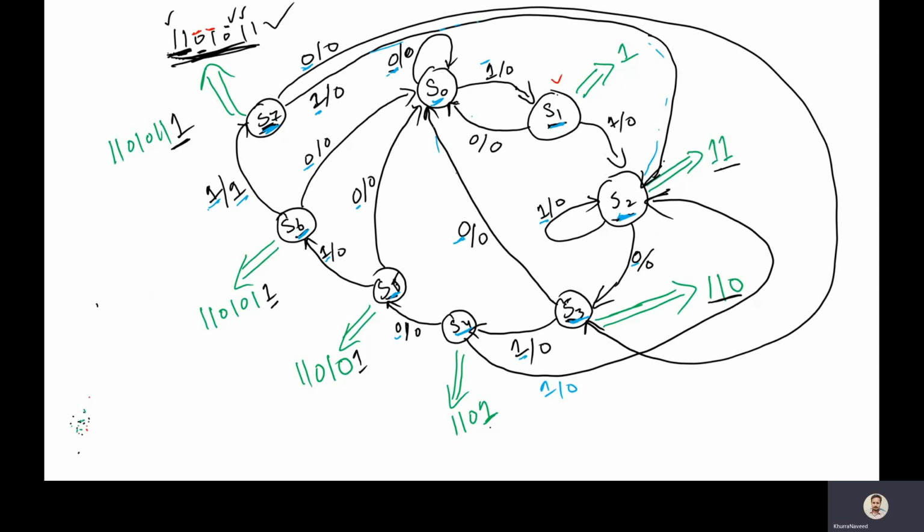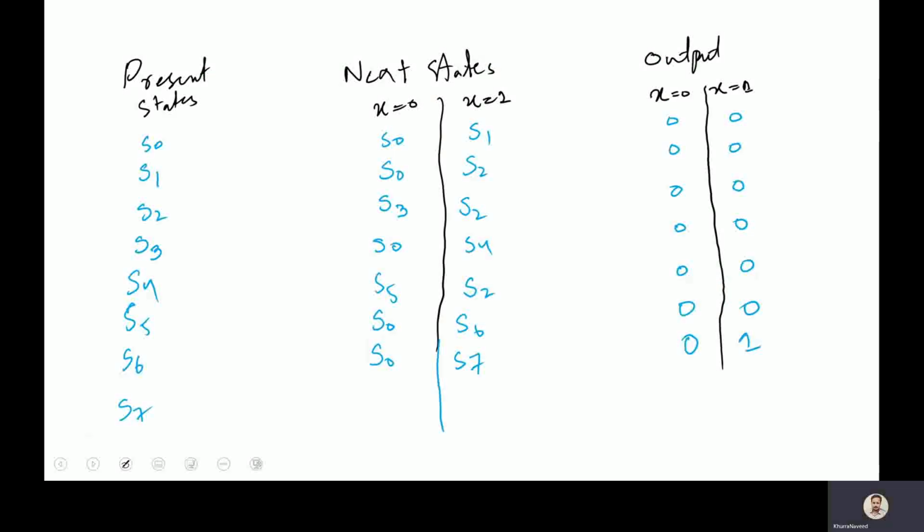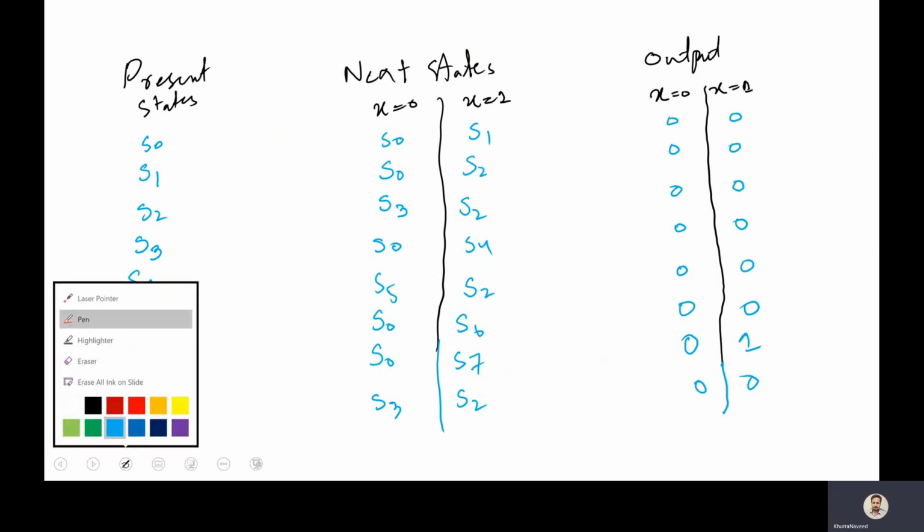So we have S3 and S2 as the next state for input 0 and input 1, and output in both these cases is 0, 0.